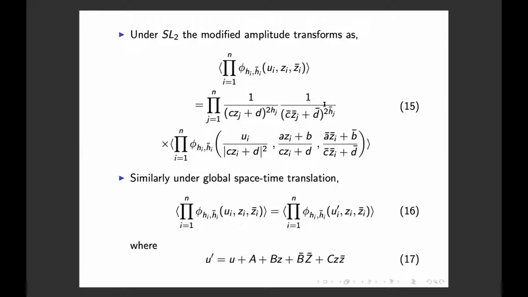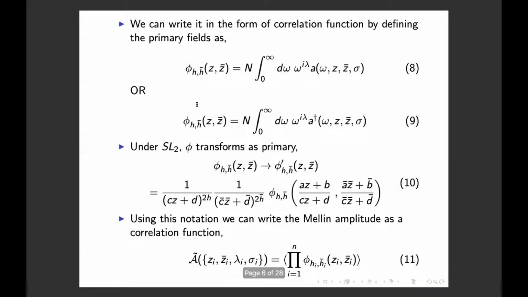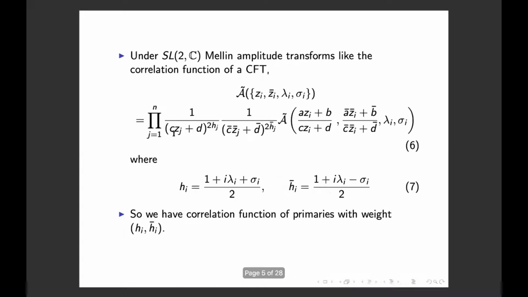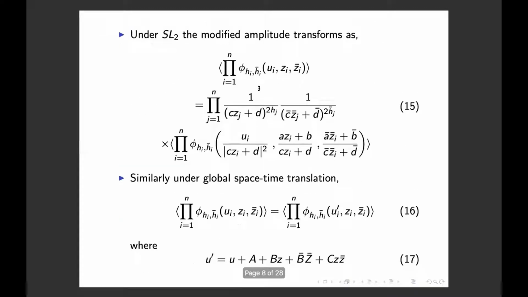This just gets multiplied by some prefactors, which are the same here as in the case of the A tilde which does not depend on U. But then the point is that A tilde now has a dependence on U, so all the things are the same except that U is now transformed by U by mod Cz plus D squared.